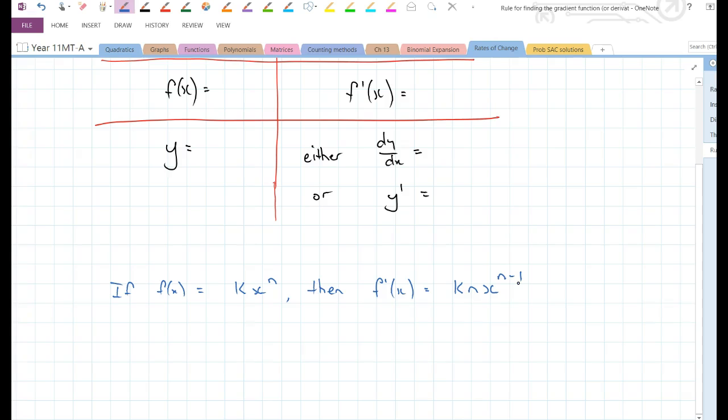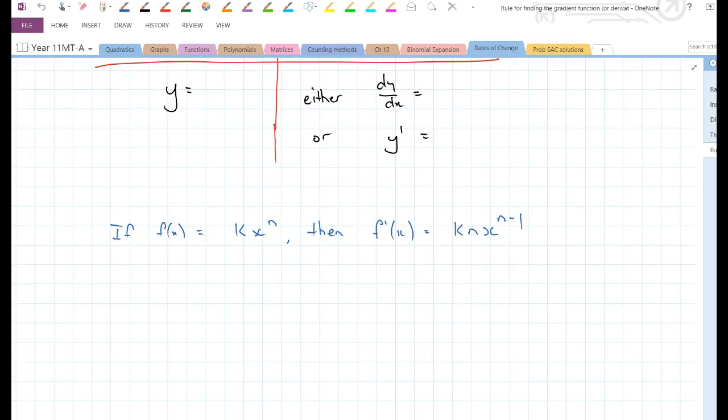So this n and k get multiplied together, and we just drop that power by 1. Or another way of writing this is to say the derivative of kx to the n is equal to kn x to the n minus 1.